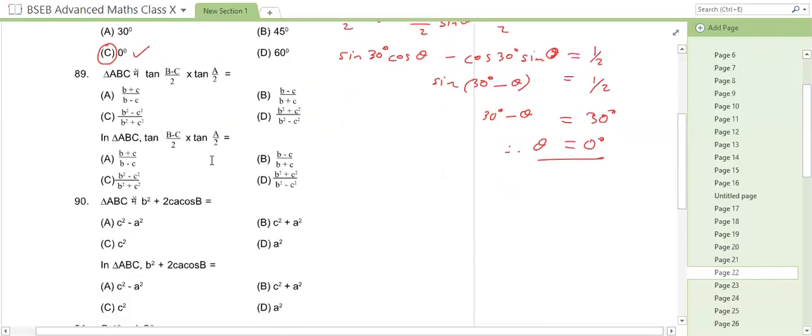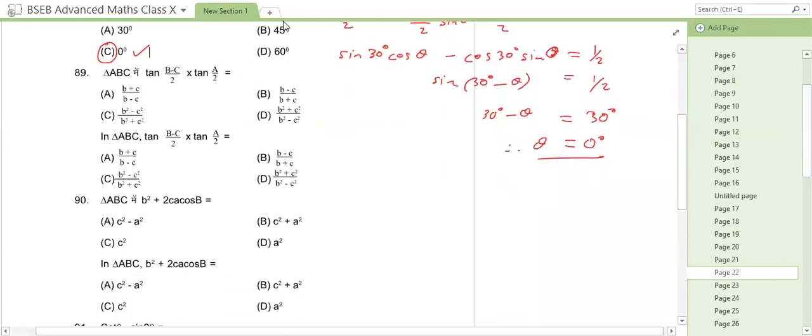Question number 89. In question number 89, change the color of the pen. Tan of B minus C. So let's use tan of B over 2 minus C over 2 times tan A over 2. Let us solve this first. So this is tan of B over 2 minus C over 2 times tan of A over 2.